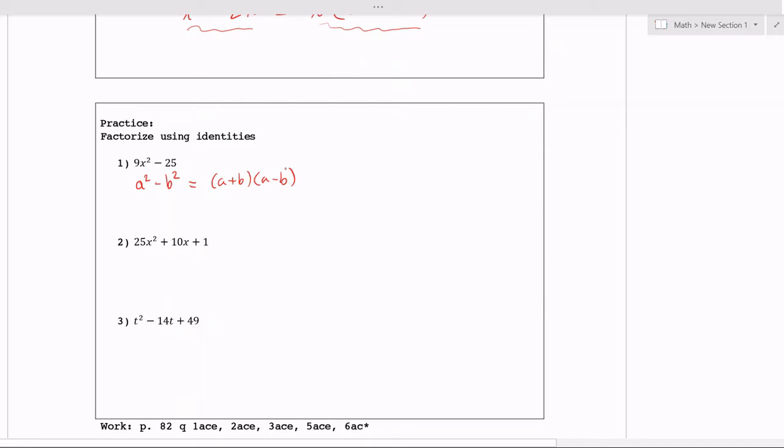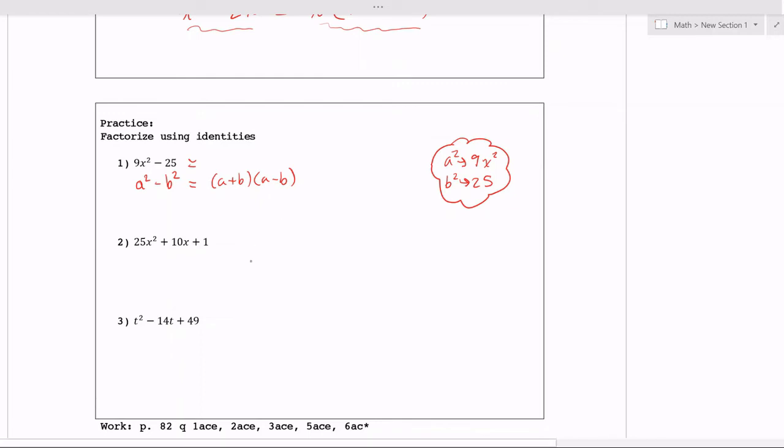So I'm going to apply that to this, and as a result, I will be factorizing it. I'll just draw my little cloud over here. a squared is 9x squared, and b squared is 25. So then your job is to find out what is a and what is b.